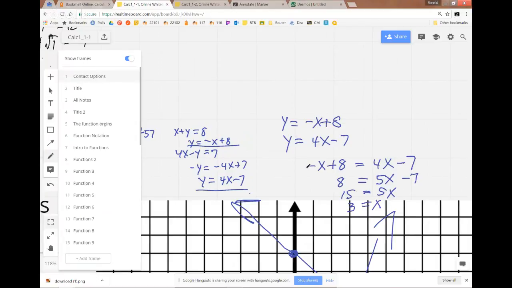So back up at the top, y equals, if you plug in a 3, so x is 3, y is 5.